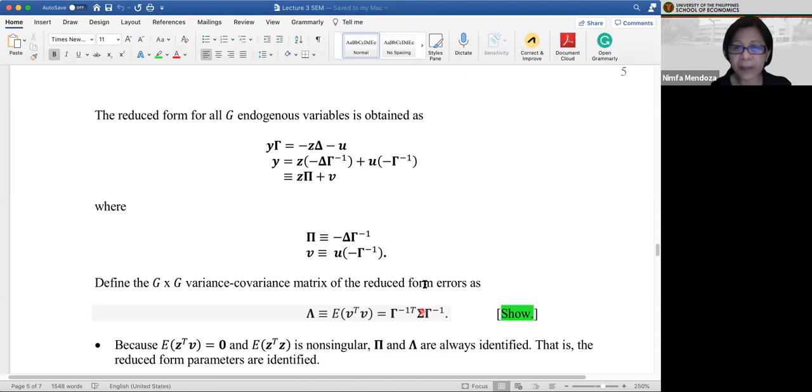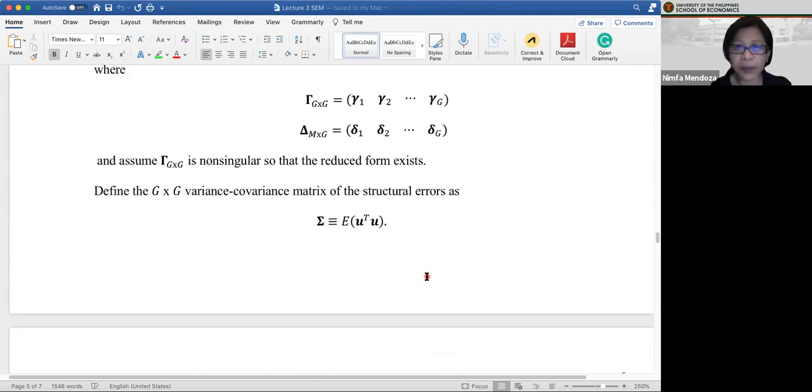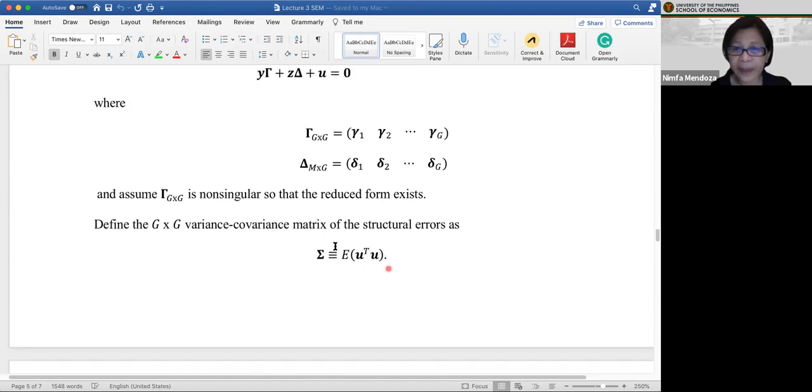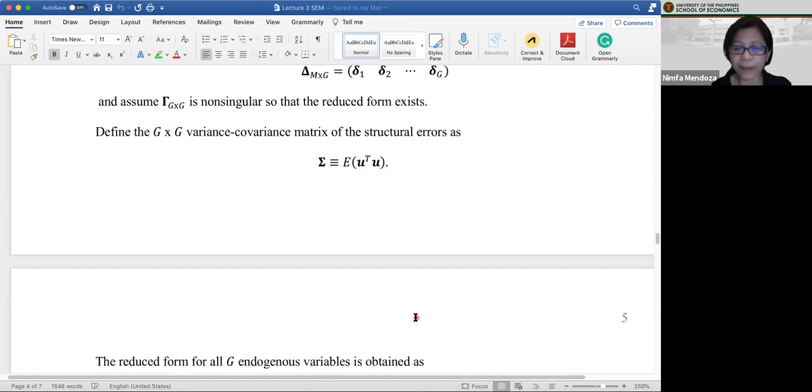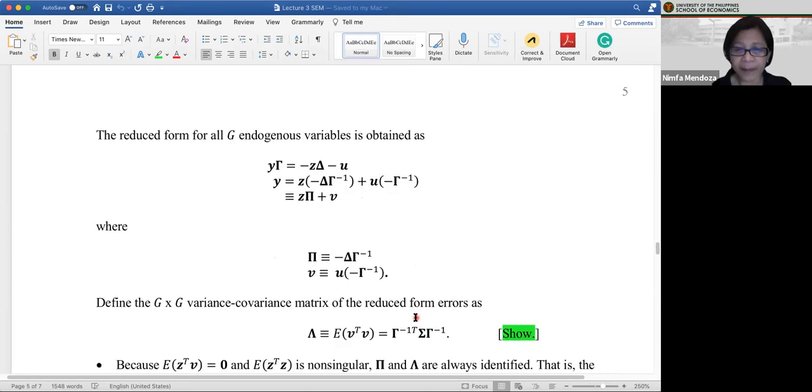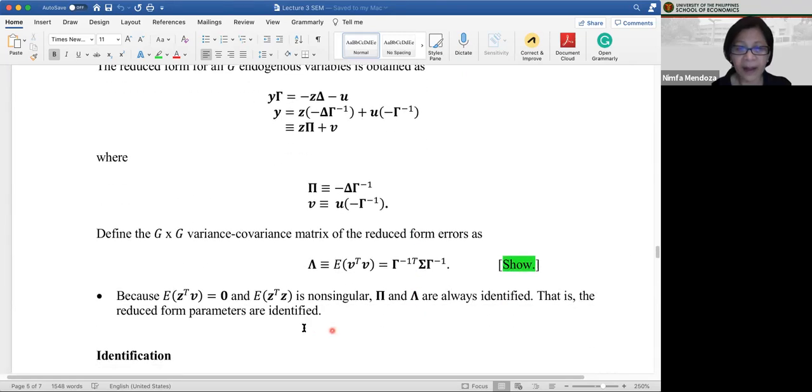Okay, this sigma appears here because that would be the variance covariance matrix of the U's. Okay, because the expected value of C transpose V is equal to 0, and we assume that the expected value of C transpose Z is non-singular, then pi and lambda would always be identified.